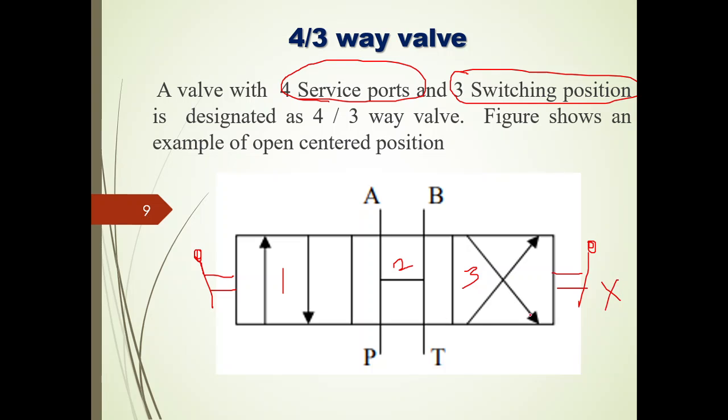If you won't actuate the third position as well as the first position, automatically it will go for the second position, right? So especially it is the open center position. The central position is open where the flow will take place either from P to A or P to B or P to T, right? The fluid flow will take place where there is the least resistance, right?